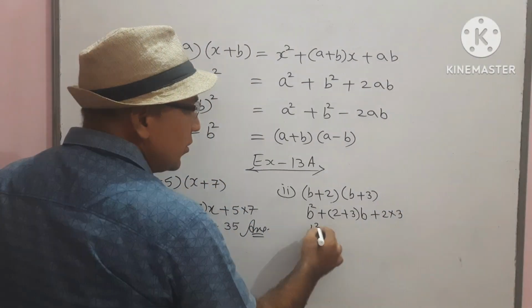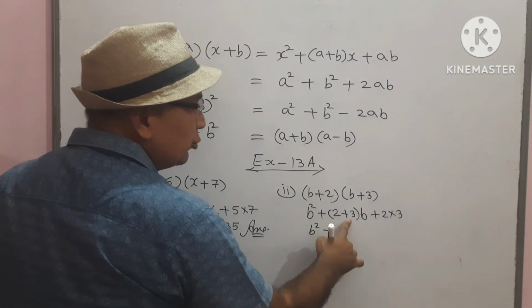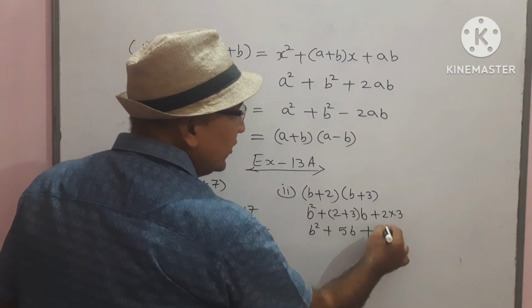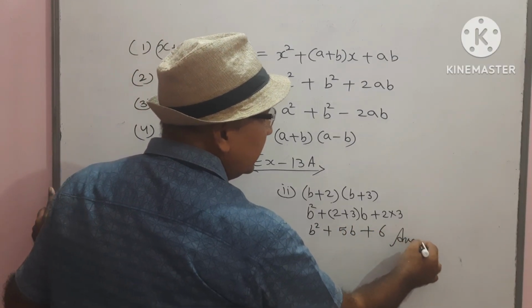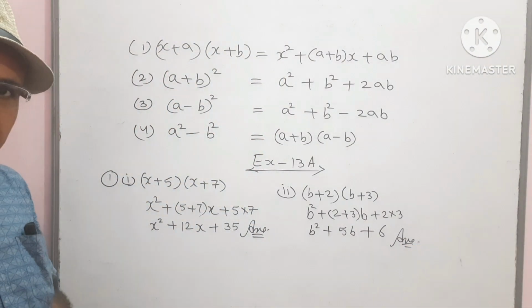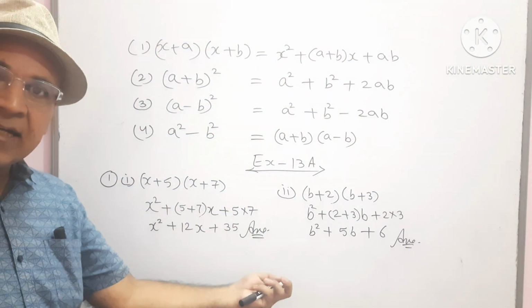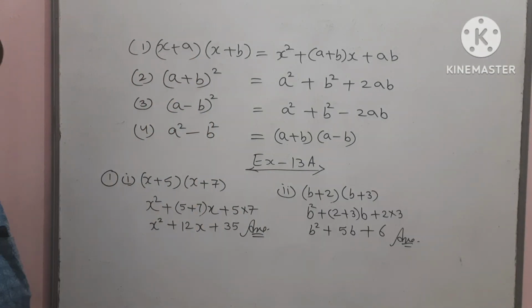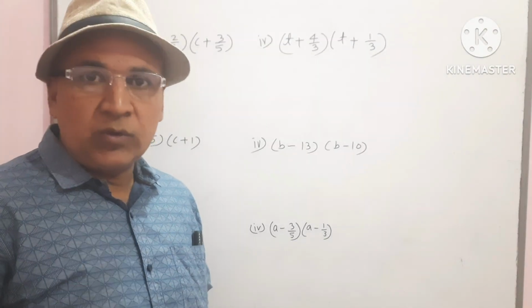Now b² + (2 + 3)b + 2 into 3, that is b² + 5b + 6, and this is your answer. Understood? These questions are very easy if you learn the identity. Okay, please note down.